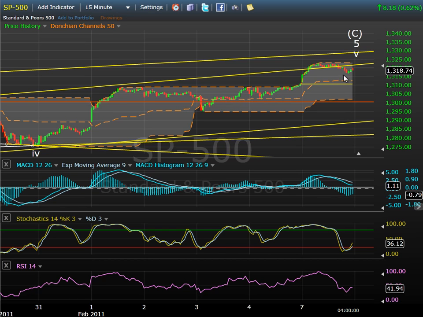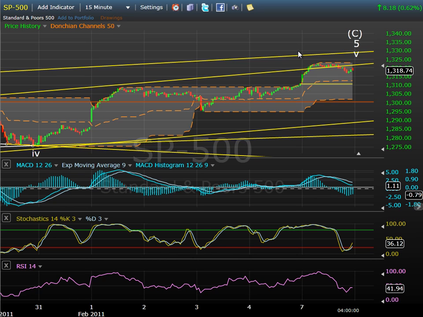That means that we are in the 5th of the 5th of the 5th of C. Now, to add even more fun to this, as I had noted, we're expecting probably another push to the upside tomorrow. What that means is that we are probably entering into the 5th of the 5th of the 5th of the 5th of C. And that will conclude the entire bear market rally.